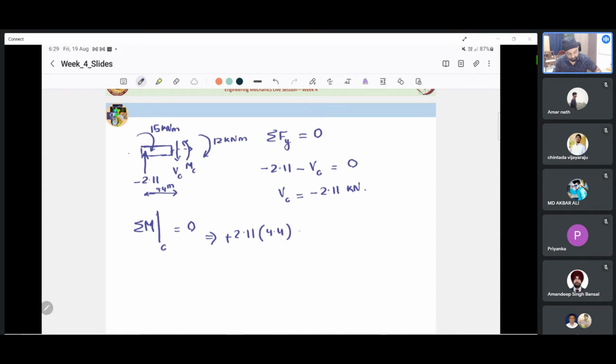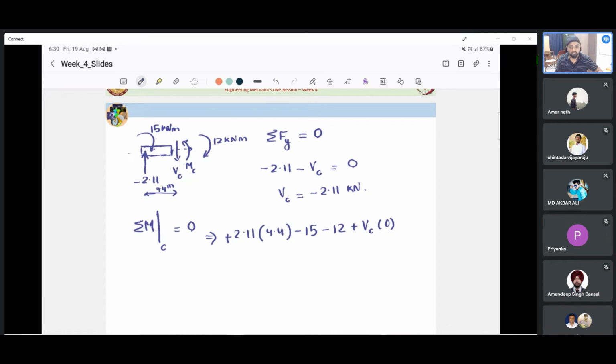What else is there? Then we have a clockwise moment that is minus 15. Then we have another clockwise moment applied at C, that is minus 12. Do we have anything else that we have not accounted for? VC, its contribution is 0 because we are taking moment at C only. And then we have MC.